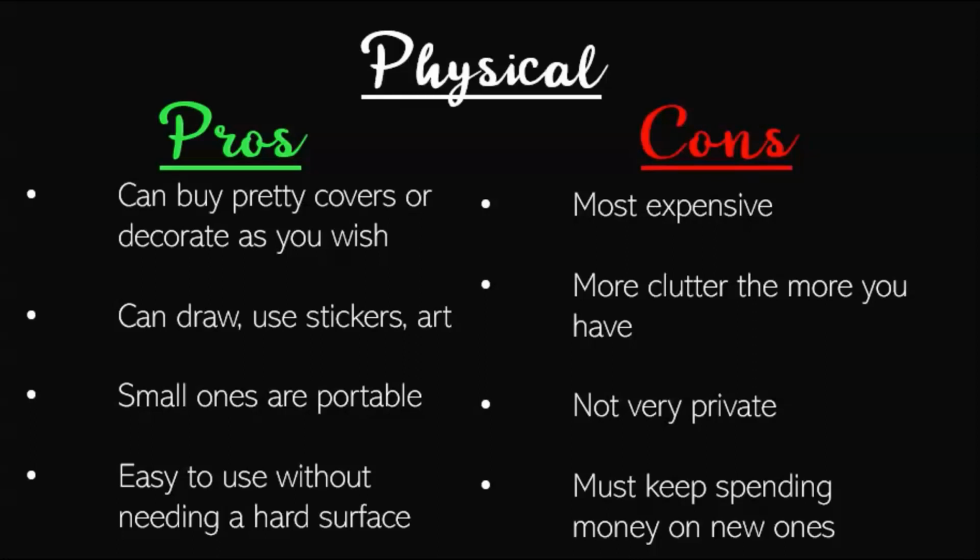Now you can try to hide them, you can put them in a safety box, that sort of thing, but that's spending more money and going above and beyond just having it, so that's why they're not very private. If somebody sees a journal laying around and they want to know what's in it, not much is going to stop them from opening it. They're very inviting that way.